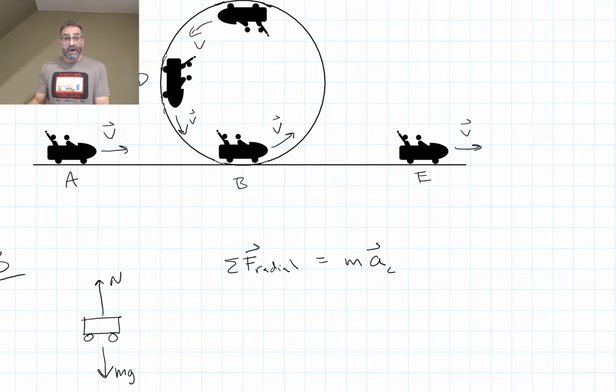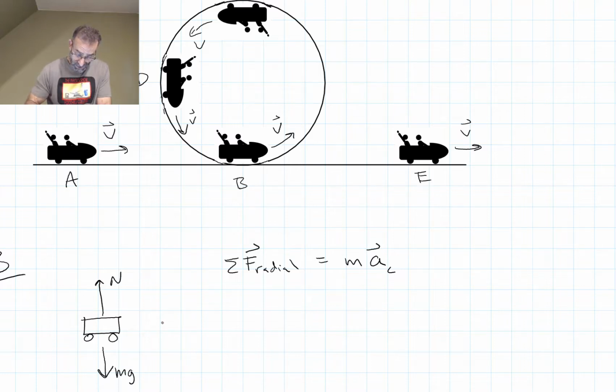This is a vector equation, so we need to pick a positive direction. I'll tell you my hint. Always pick the direction of the acceleration to be positive. That way you don't accidentally forget a minus sign. So what direction is the acceleration in this case? It's circular motion, so it's toward the center of the circle.